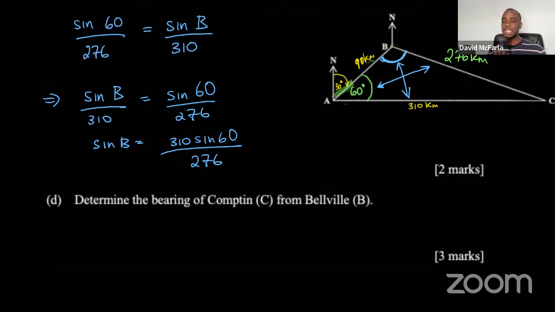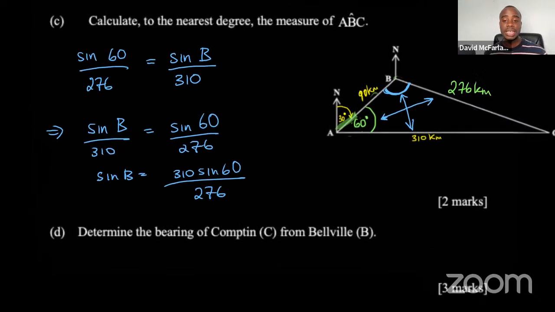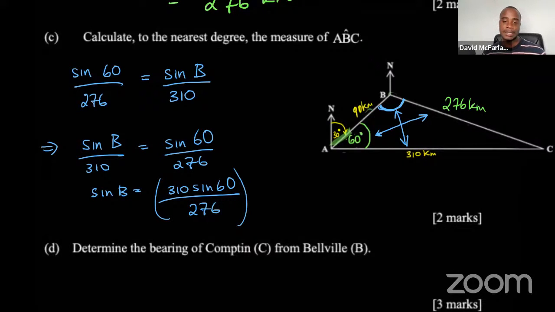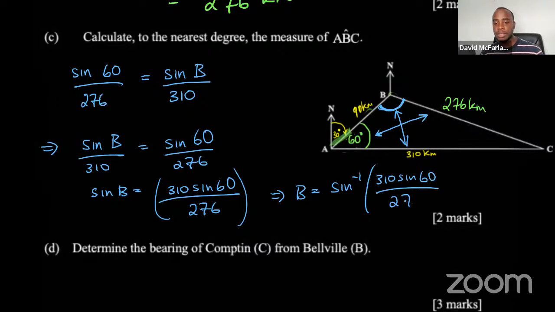And just to make sure we get that exact answer, before we even work it out, let's just throw that straight into the calculator and find the sine inverse of whatever that is. So B is going to be equal to sine inverse of 310 sine 60 divided by 276.